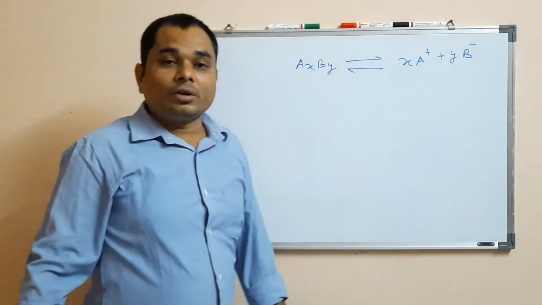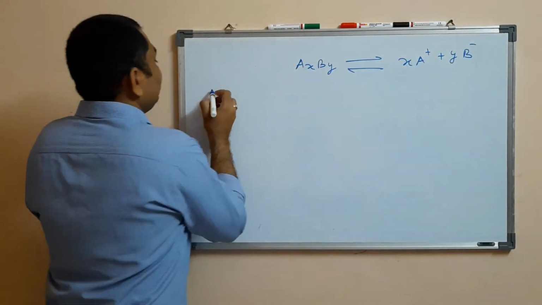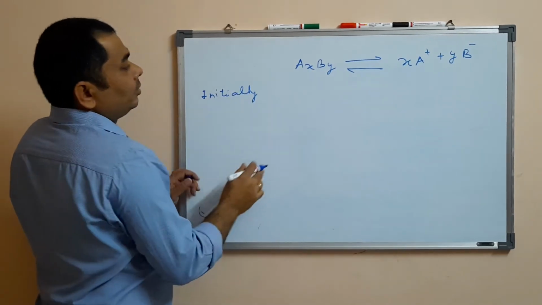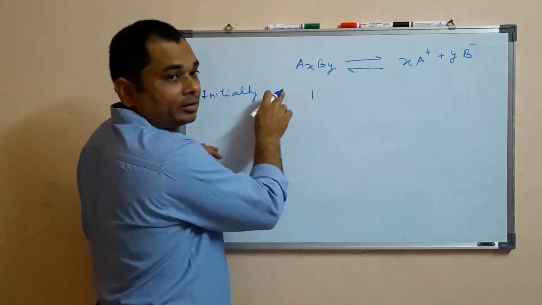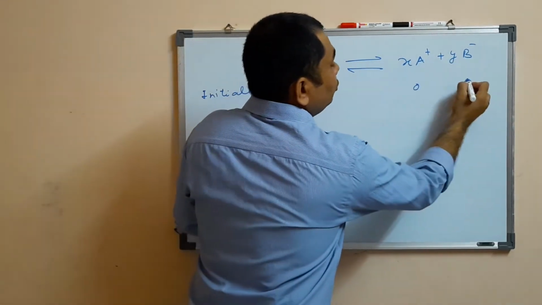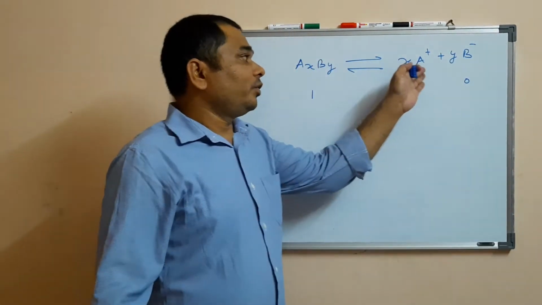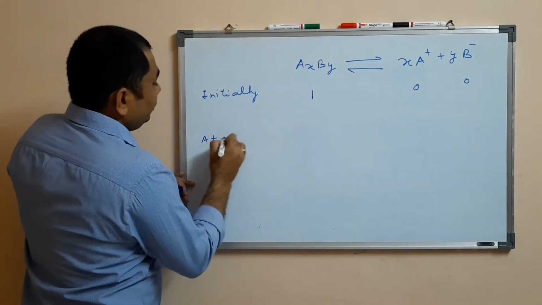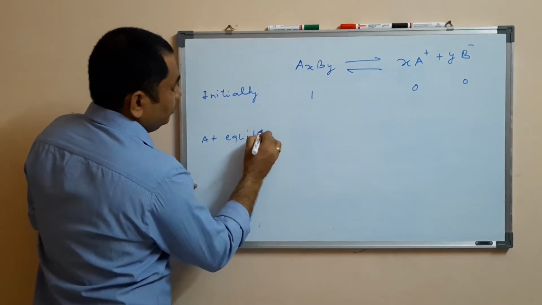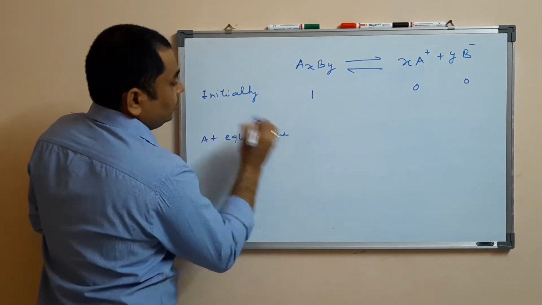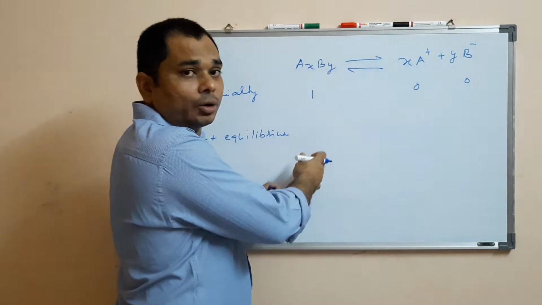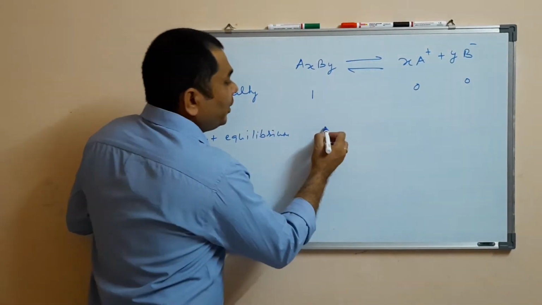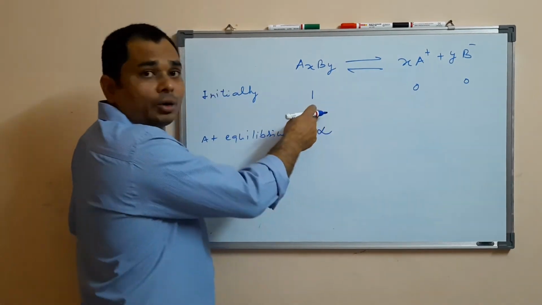This is how it will undergo dissociation. Now before dissociation, matlab initially, suppose we take 1 mole of this. Now there is no dissociation, so number of particles of these two ions will be 0. At equilibrium, some of them will undergo dissociation. Now if alpha is the degree of dissociation, now alpha particles of this will undergo dissociation.